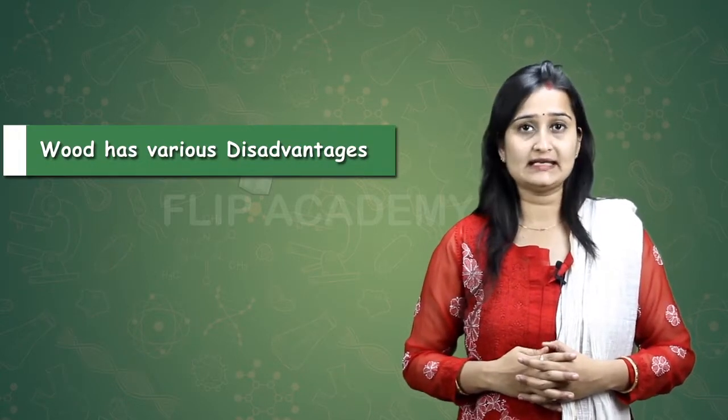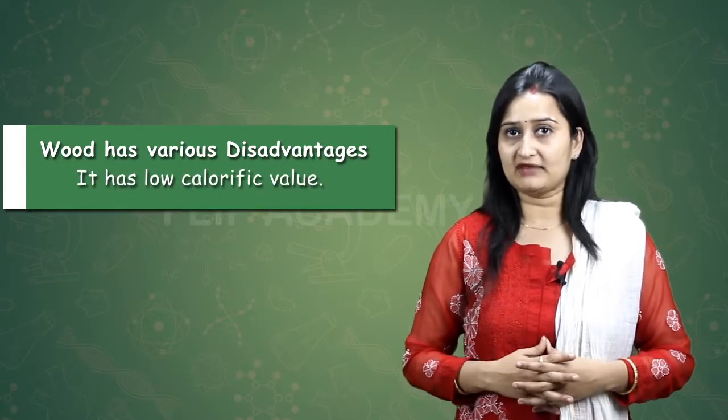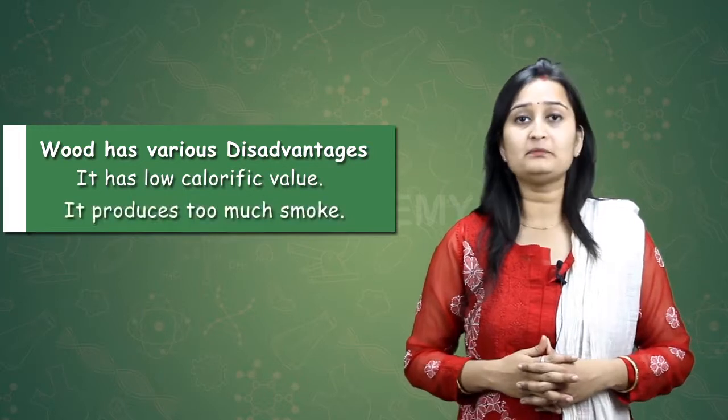But the wood has various disadvantages. That is, it has a low calorific value and apart from that, it produces too much smoke. Thus, there is an alternate form of energy apart from wood, that is charcoal. What is this charcoal? When the wood is burnt in the absence of oxygen, then the moisture and the volatile material evaporates out or is removed out.